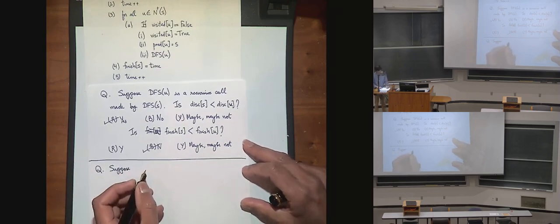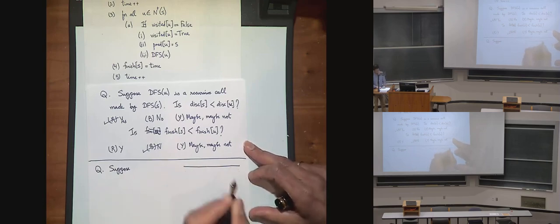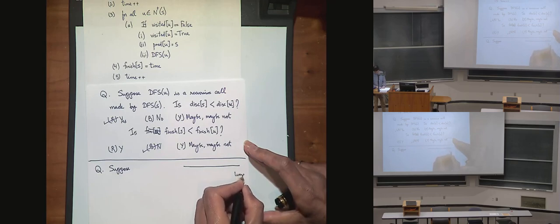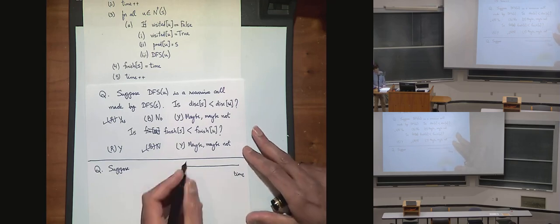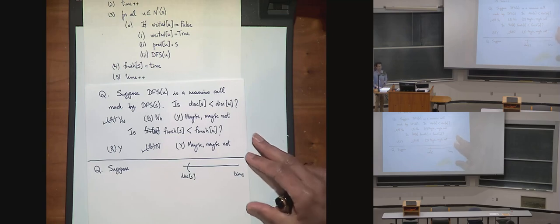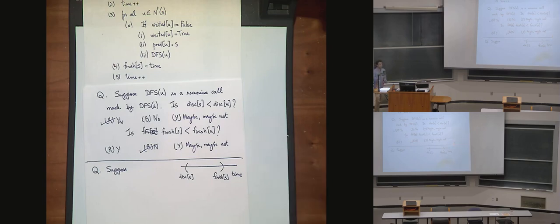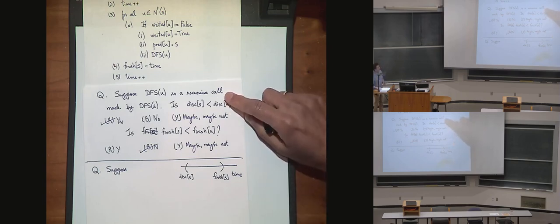Suppose, and the best way to draw this is to imagine this being time. Okay? And so I'll say this is the discovery time of S, and this is the finish time of S.